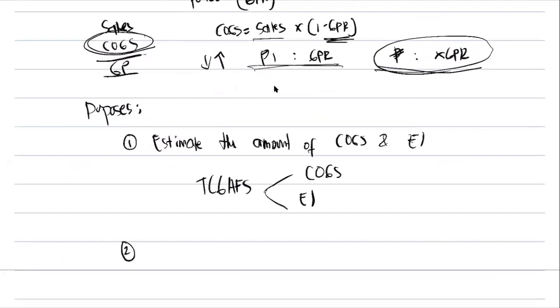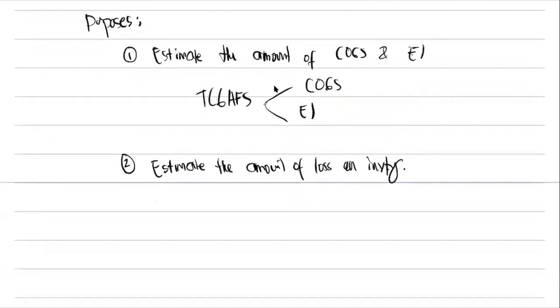Another purpose which evolved over time is to estimate the amount of your loss on inventory. So what happened on that purpose? After we compute the total cost of goods available for sale, we have your costs and we have your ending inventory.